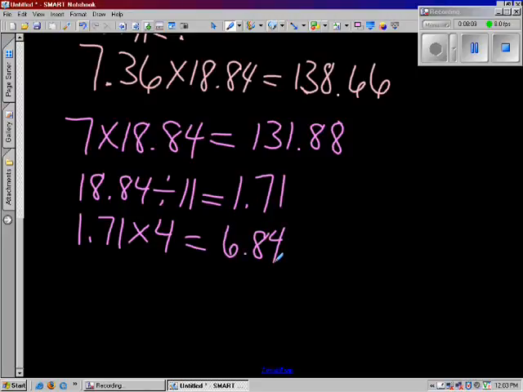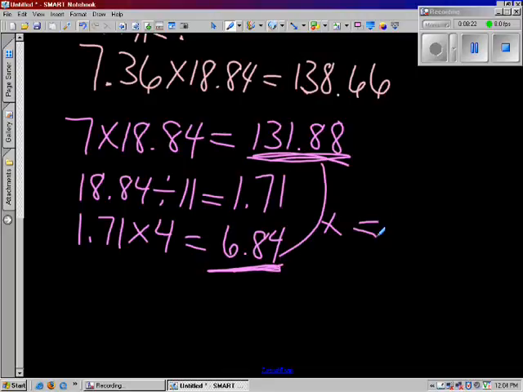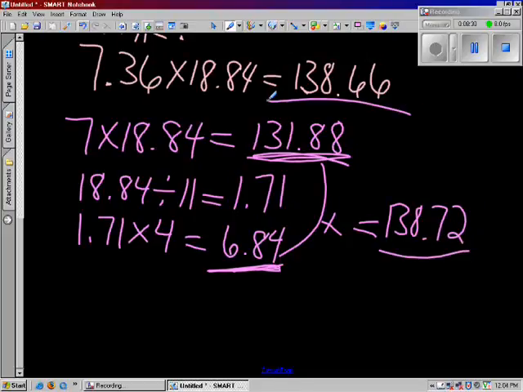So now I've got my full rotations length and my pieces, how much they measured. I just add these two together, and we should get, again, extremely close to the other answers. And in this case, we're going to get 138.72, which is close enough to the other 3 answers.